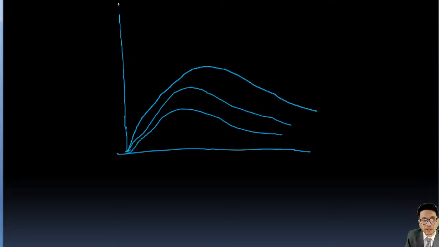This is the spectral energy density U, which is a function of nu and T, versus frequency.